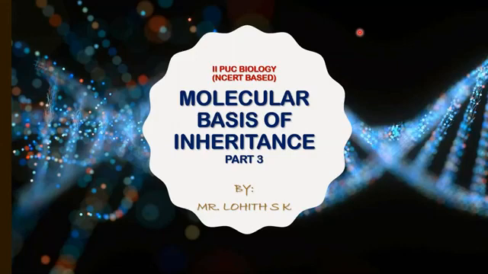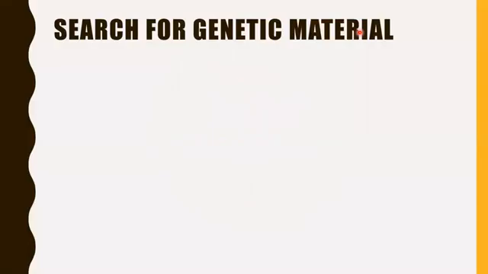So now we are going to study the various experiments related to molecular biology, the search for genetic material. As we all know, DNA is considered as genetic material, but how was it discovered and proved as genetic material?